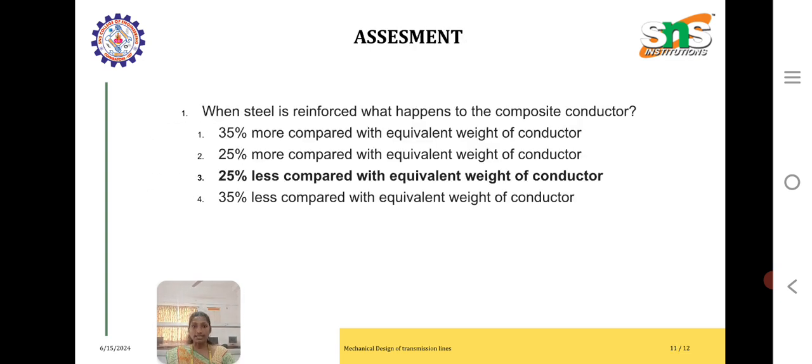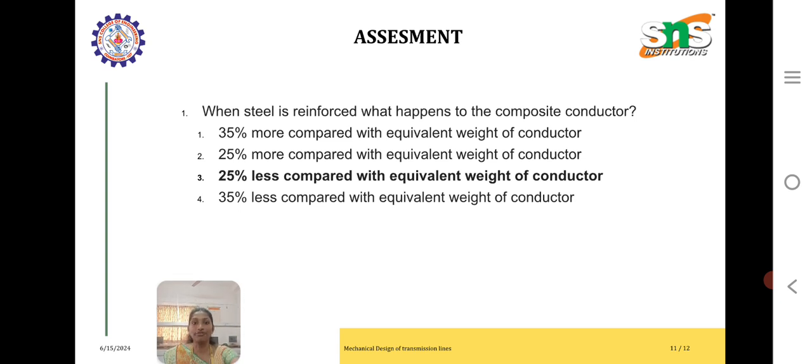Coming to the assessment: when steel is reinforced, what happens to the composite conductor? The weight will be 25% less compared with the equivalent weight of the conductor.